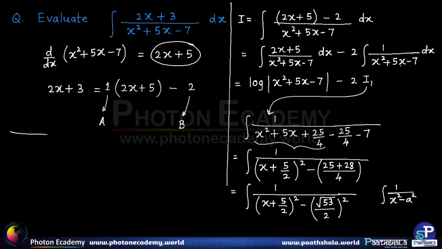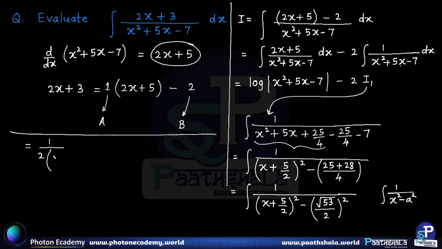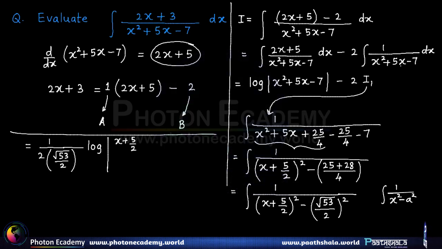So that can be written in the integral as 1 upon 2a, so that is 1 upon 2 into root 53 upon 2, log of mod of, in the numerator we have x minus a upon x plus a, so that is x in our case is x plus 5 by 2, minus a is nothing but root 53 upon 2, whole upon x plus 5 by 2 plus root 53 upon 2.